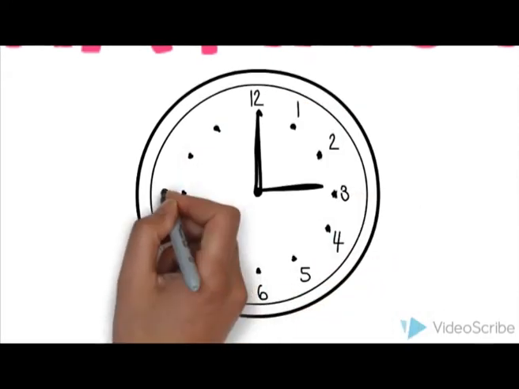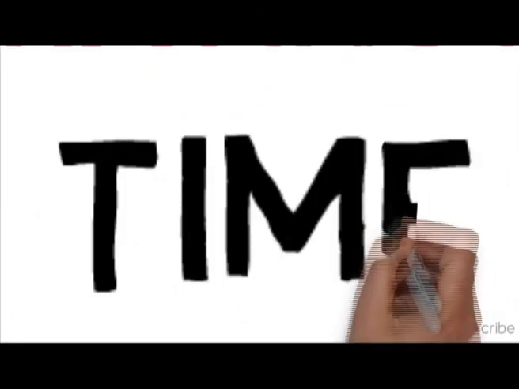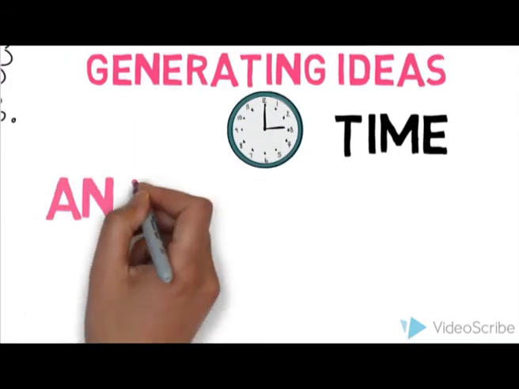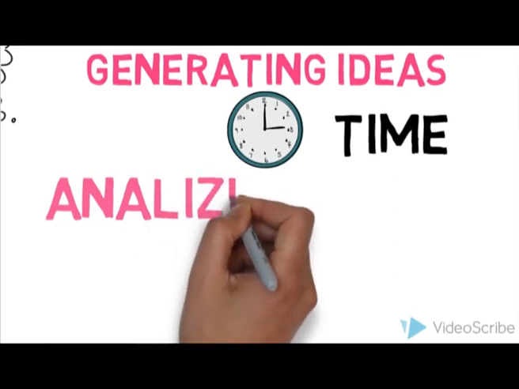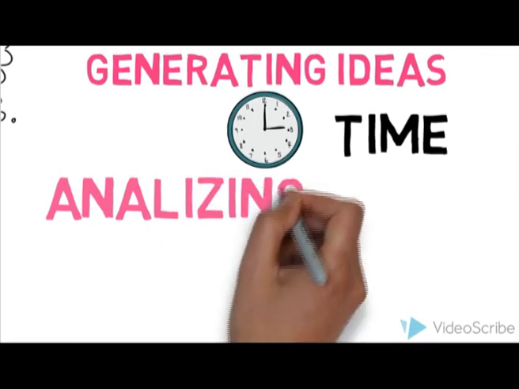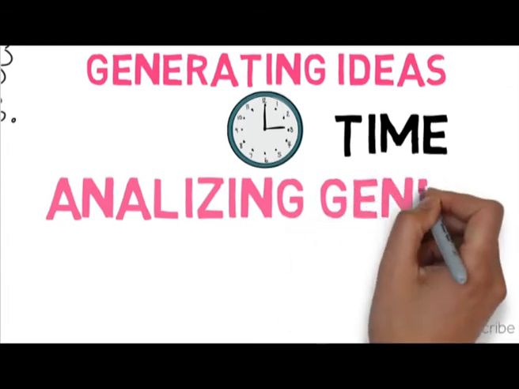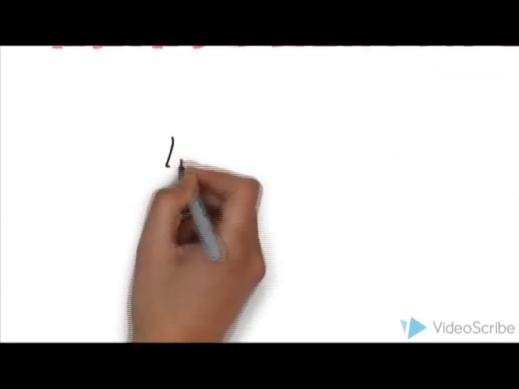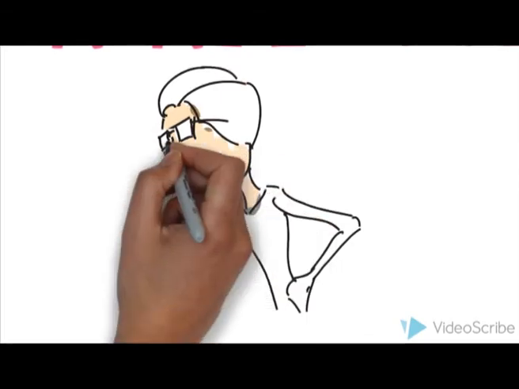Teachers have to give opportunities to the students, especially if they are going to write a formal writing task. The second step is analyzing genre. When students are writing within a recognized genre, they will benefit from first analyzing that genre before writing it.